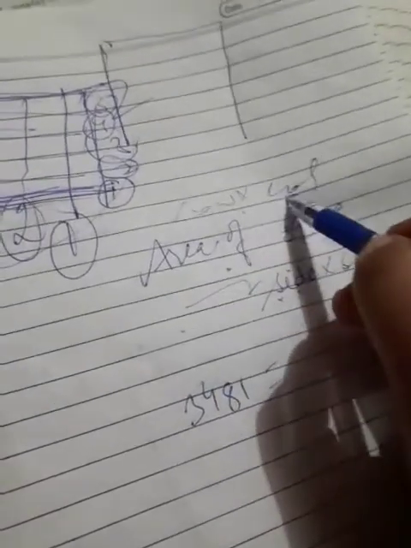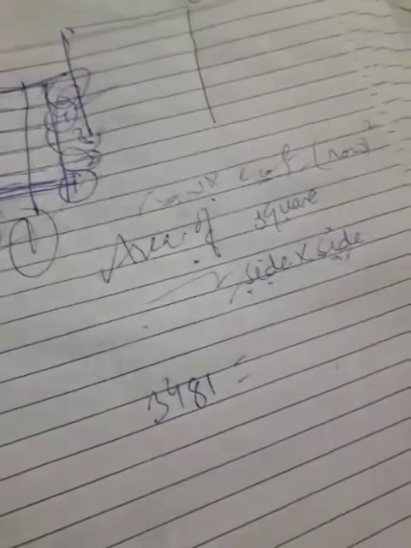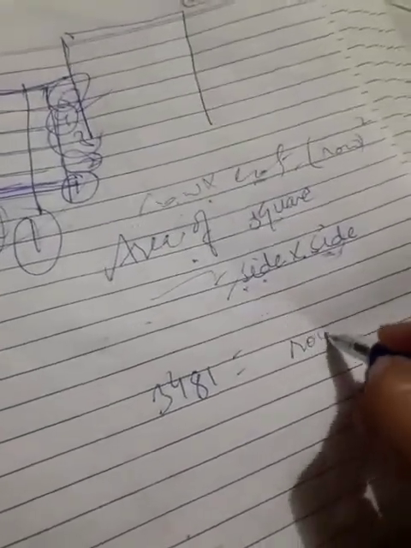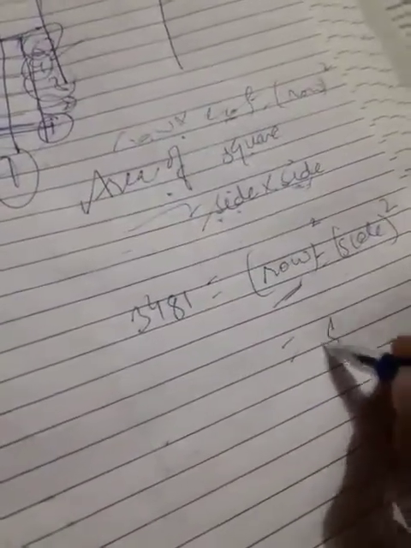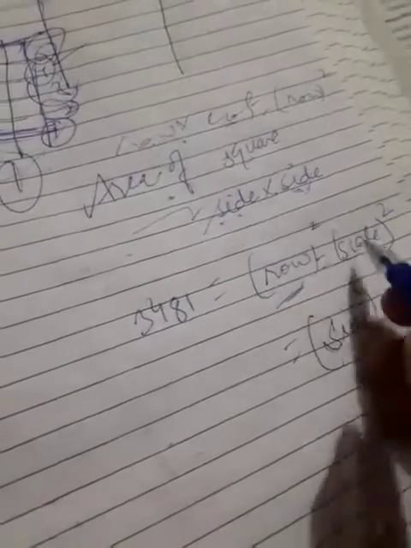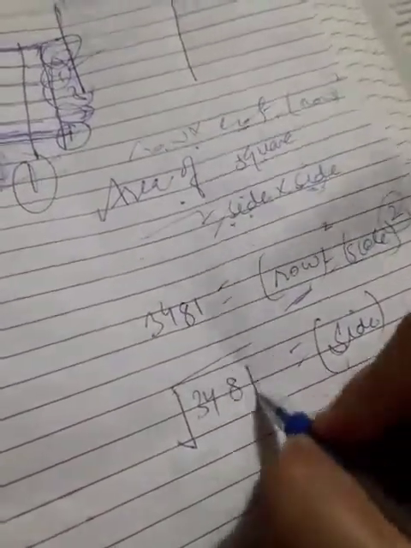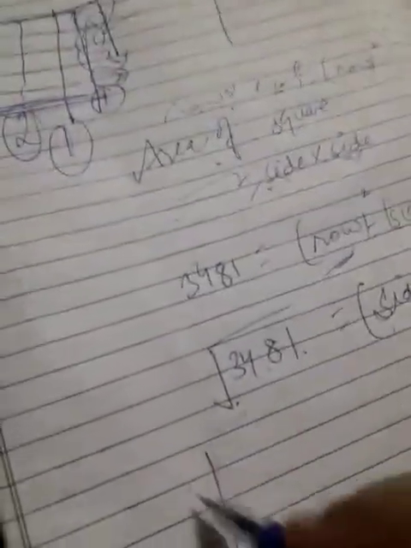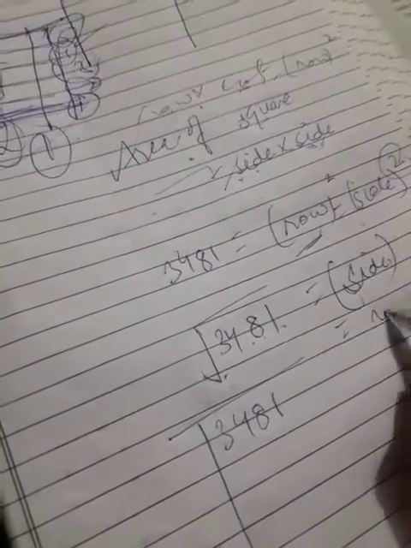Row multiplied by row means row square, or we can write side square, both are the same. So the row or side will be the square root of 3481, and then you find the root of 3481 to get the row value or the side value.